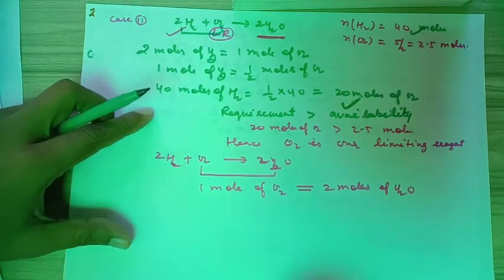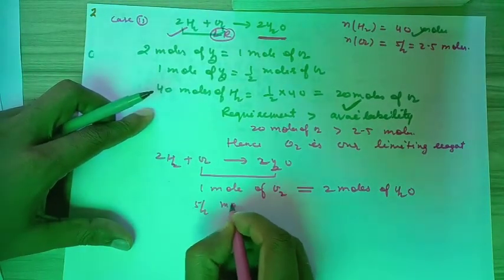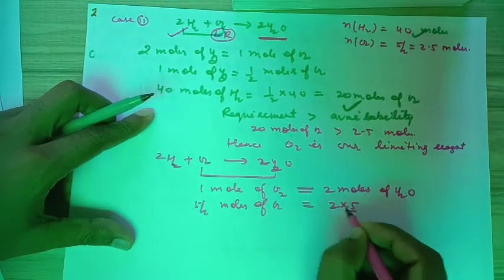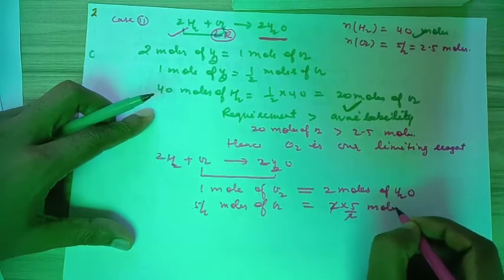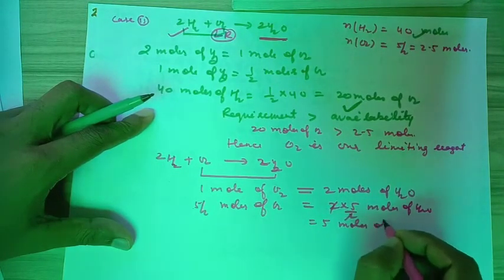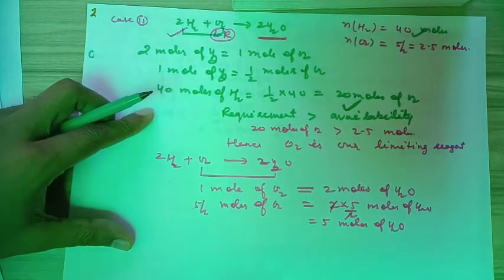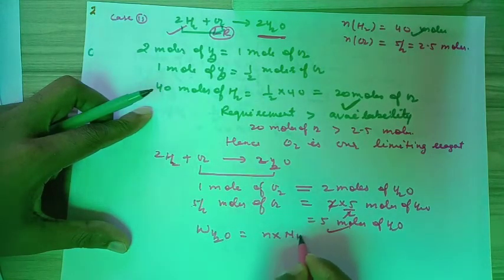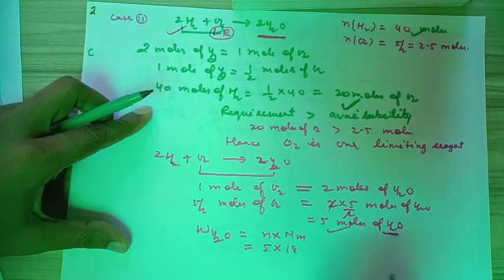That is 5 by 2 moles. So 5 by 2 moles of O2 will give us 2 into 5 by 2. It will cancel out, so it will be 5 moles of S2O. Now this is in moles, so we have to find the amount, and that will be n into molar mass of S2O. So it will be 5 into, and molar mass of S2O is 18, 16 plus 2, and we'll obtain 90 gram of S2O.